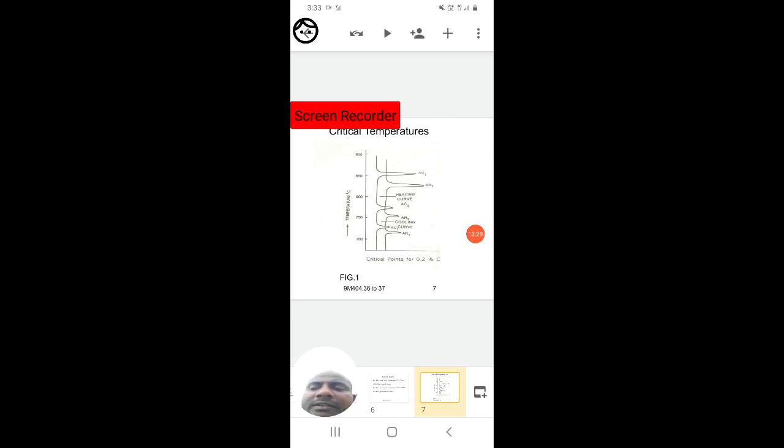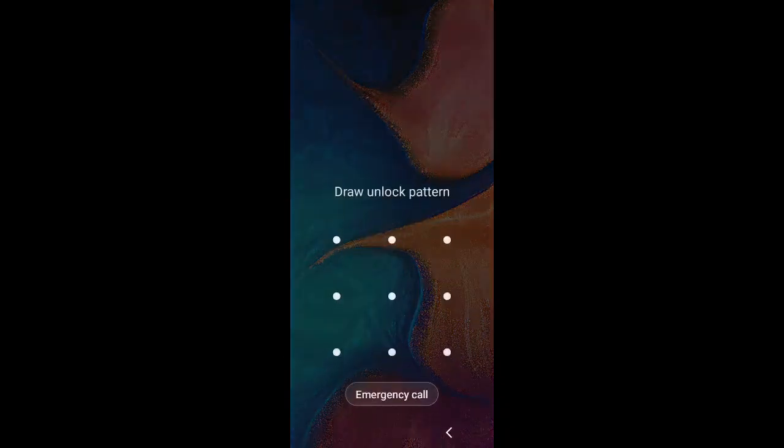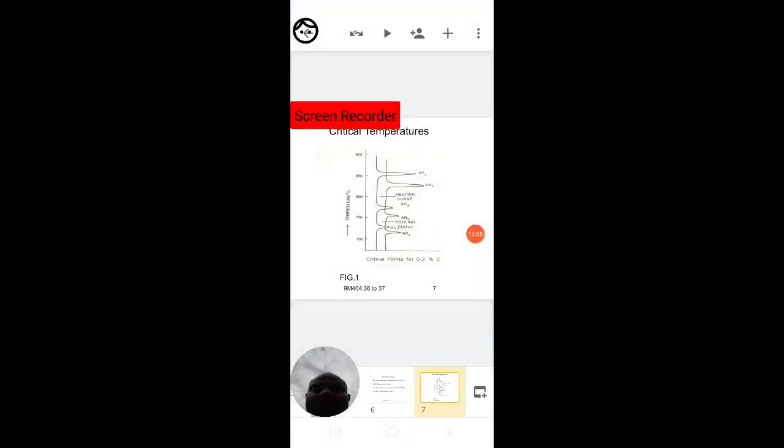That means the temperatures at which these phases are changed are called critical temperatures. So you see the diagram.